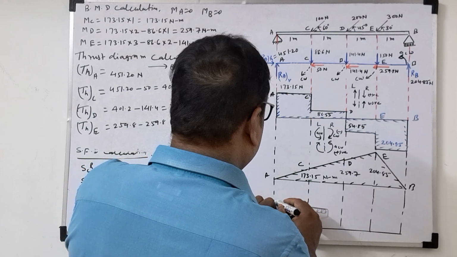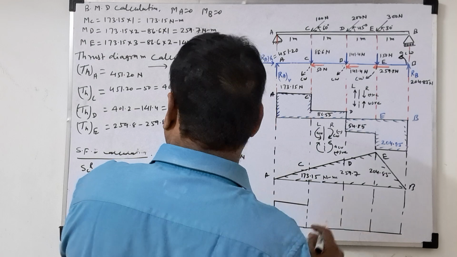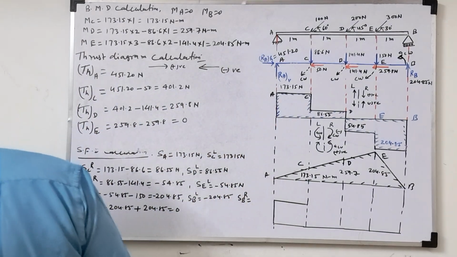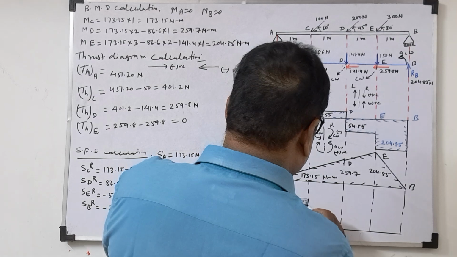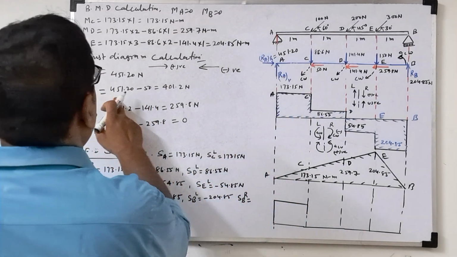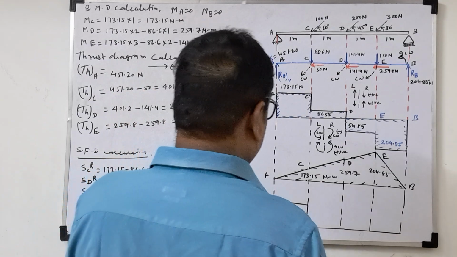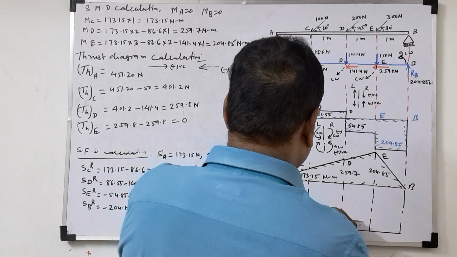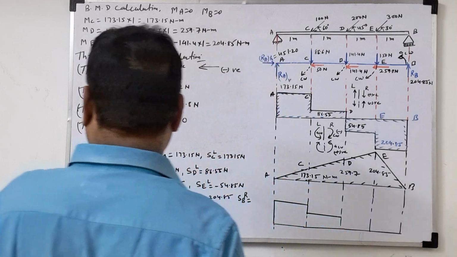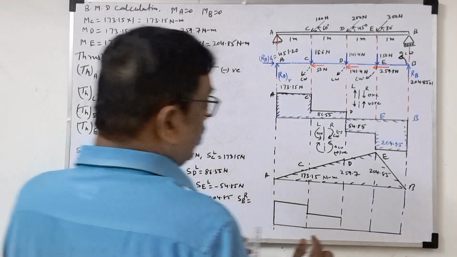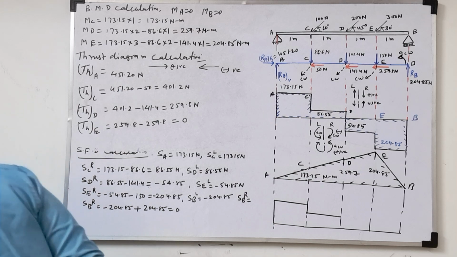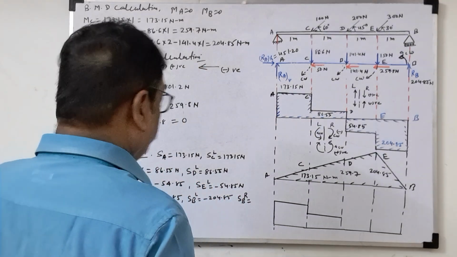Up to there it will be the same. Now thrust force at C comes 401. Now thrust force at E comes 259.